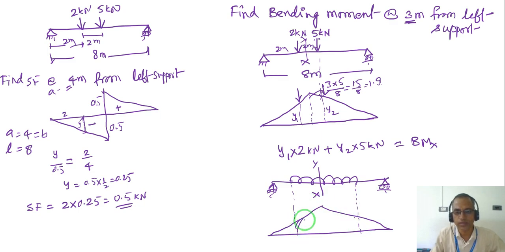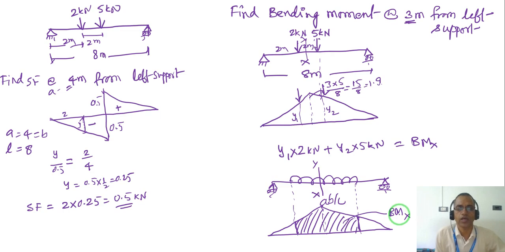Take the area covered by the load. I know this ordinate because from the similar triangle, this will be AB by L. Using the similar triangle concept, I can find this, and again for this also. Then I will be able to get the area, and that becomes my bending moment at the section X.